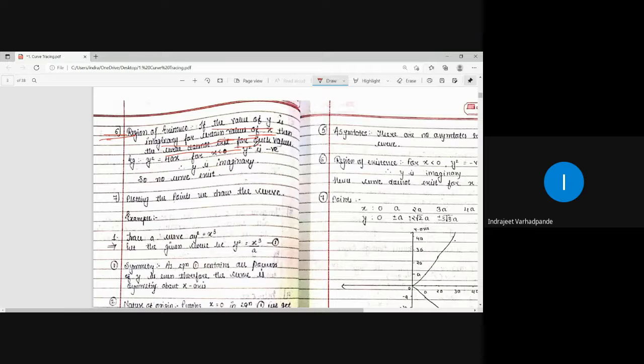So for those all values of x which will be negative or which will be mathematically written as less than 0 will be turning out or giving us the value of y as imaginary, और वो पॉइंट्स के लिए कर्व नहीं ड्रॉ किया जाएगा. So for those values of y, certain values of x which make it imaginary will not be considered, and therefore कर्व का बाउंड्री जो है वो वही पॉइंट्स तक लिया जाएगा.